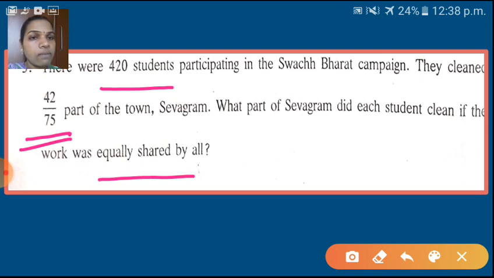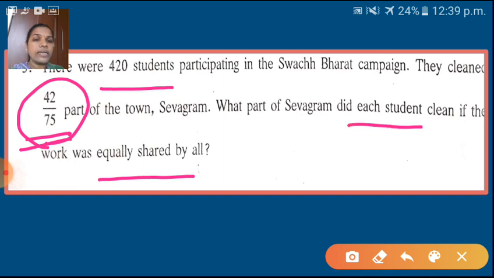So children, once again I will repeat. There were 420 students participating in this Swachh Bharat campaign. They cleaned how much part of the town? Yes, 42 upon 75 part of the town. What part of the Sevagram did each student clean if the work was equally shared by all?